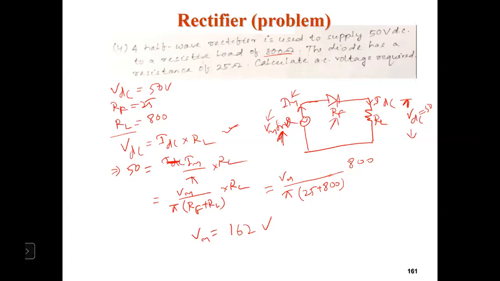If RF was negligible, given as 0, and VDC was given, you could have found Vm that way. But here RF is not negligible. RF is given as 25, so you have to consider it. If you want to consider this RF, then you find the total current.